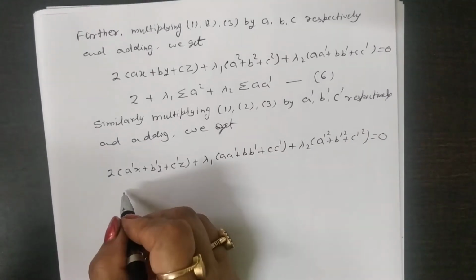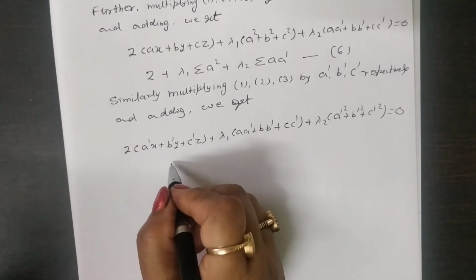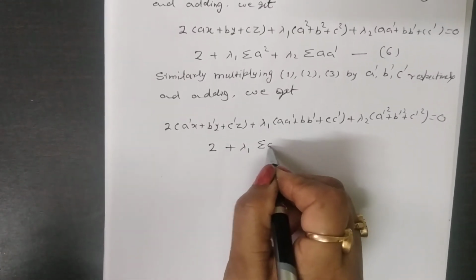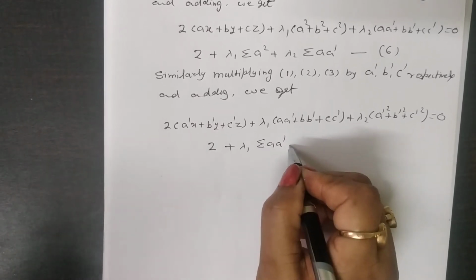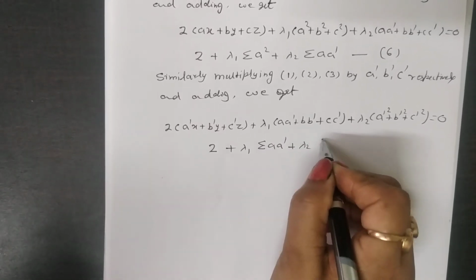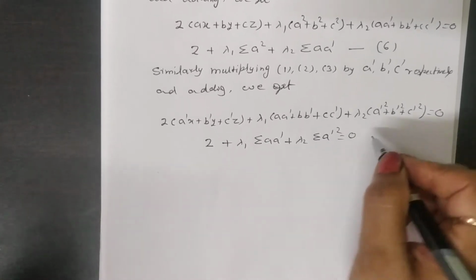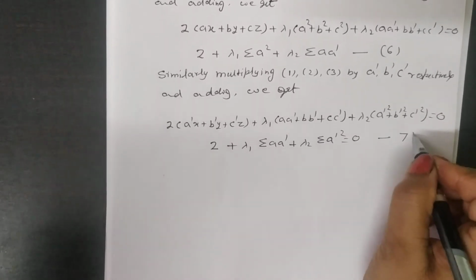That is equal to 1, so 2 plus lambda 1 sigma a a dash plus lambda 2 sigma a dash square is equal to 0. Let this be equation number 7.